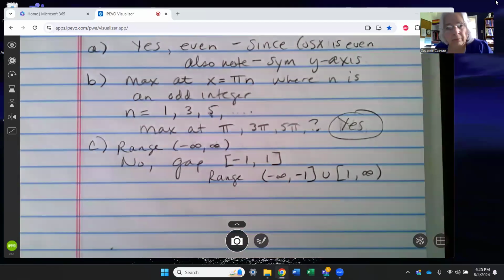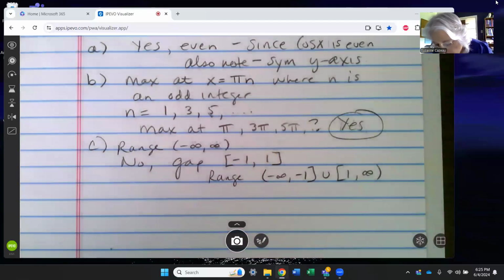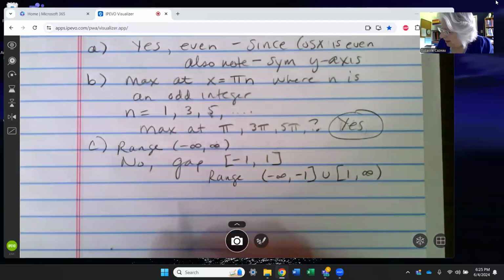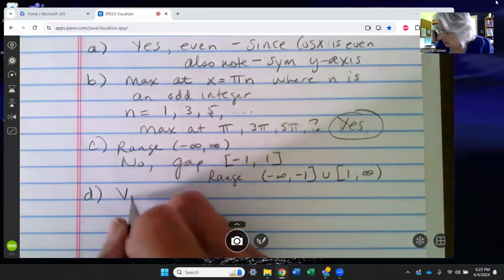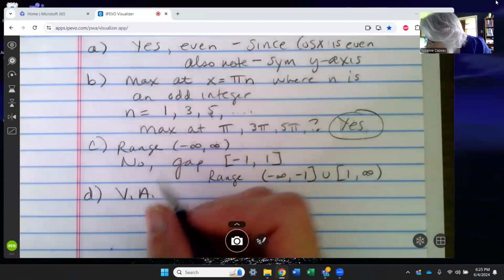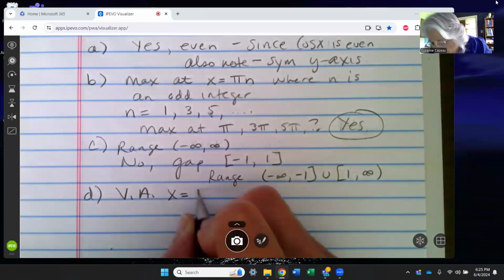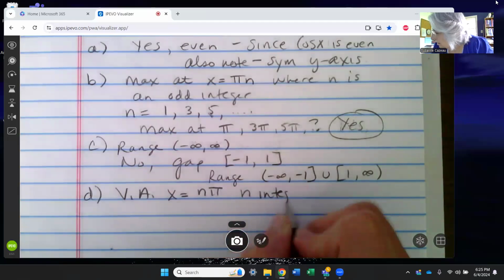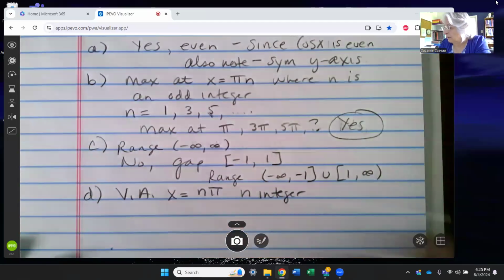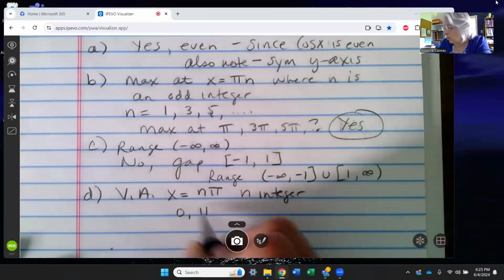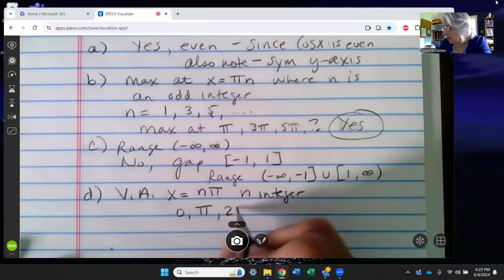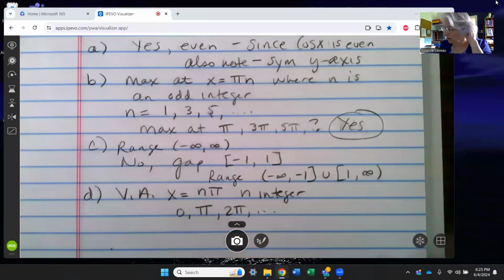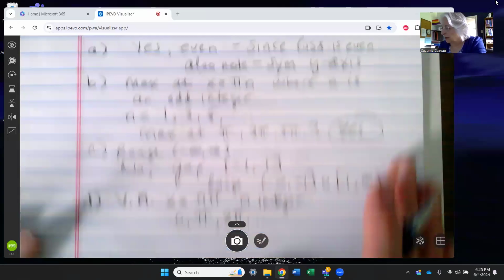Okay. Part D. Are the equations of the vertical asymptotes of the form x equals n pi, where n is an integer? So that's going to be 0, 1 pi, 2 pi, 3 pi, etc. And what do we got?